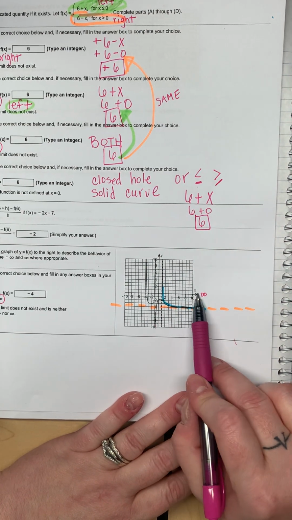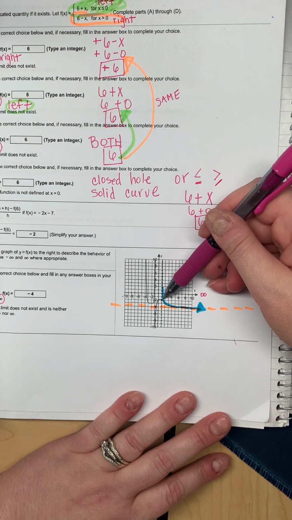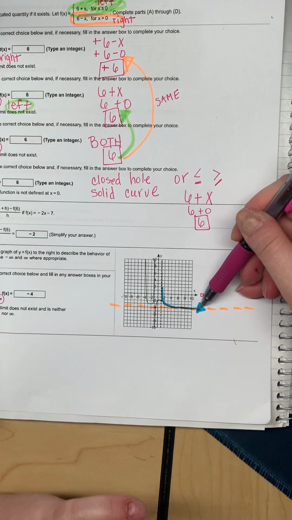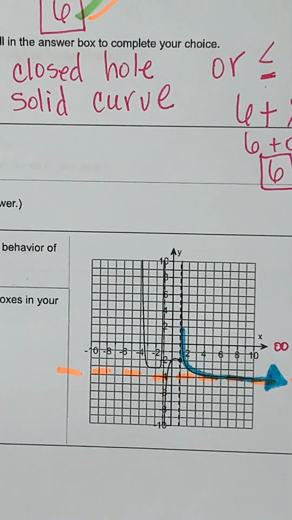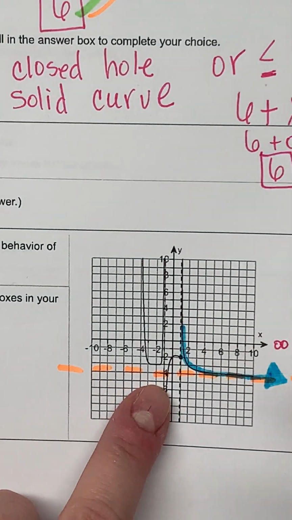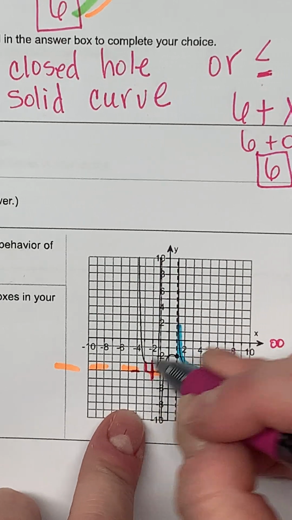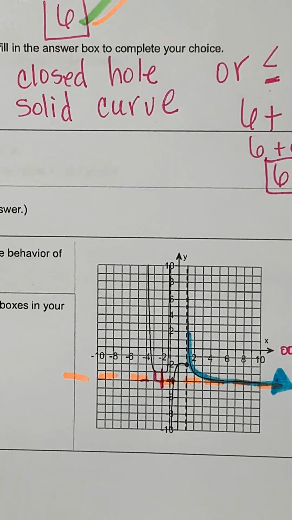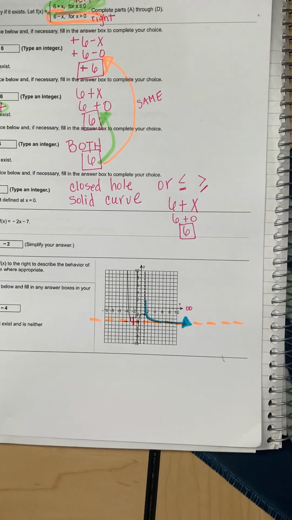So as x approaches infinity, your y value goes down, but then it levels off at whatever the y value is for this asymptote. If we look closer, the y value for this asymptote is negative 4. So this side-to-side asymptote levels off at the y value of negative 4.